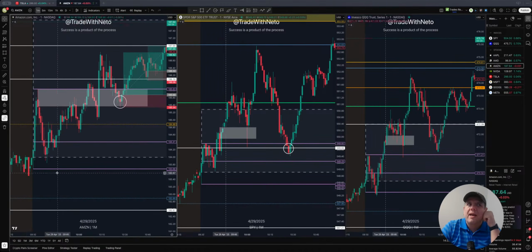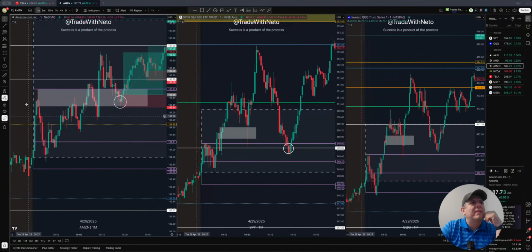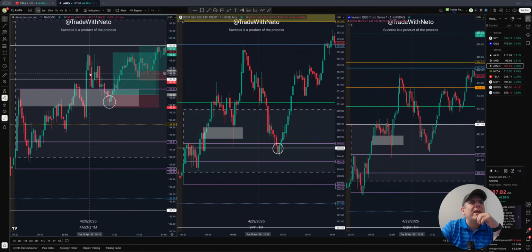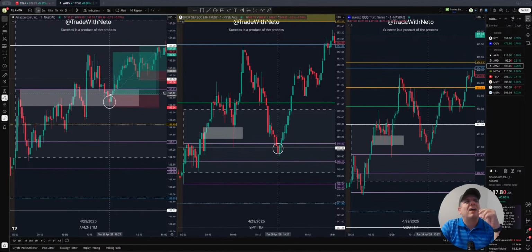We had this right in the morning, so it was a big range for Amazon. I waited for this impulsive candle to break the 5 minute opening range and this order block, right? So once we came here, we had this displacement and this retest.